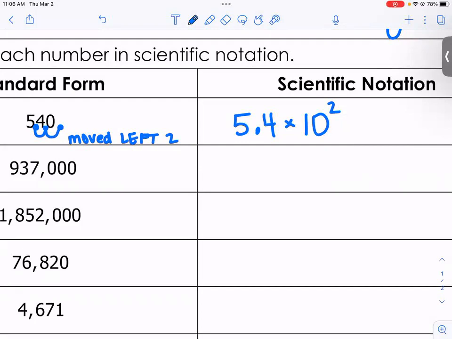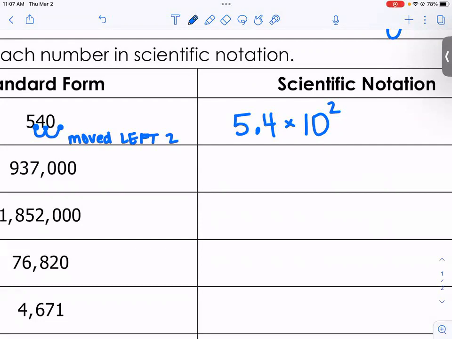So 5.4 times 100 equals 540, which is what we started with, right? Oh, well, that's cool. That is what we're doing.